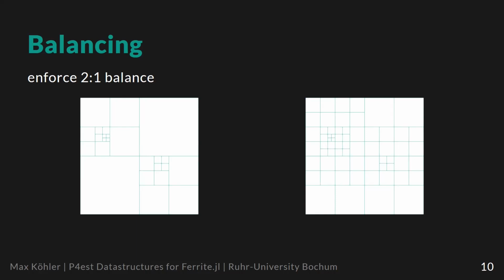For this reason, the 2-to-1 balance is enforced. If you use the balancing approach that I've implemented, you come from the left figure to the right figure, and this is how it looks. You introduce new elements in order to get rid of it, but the downside is you have more elements.